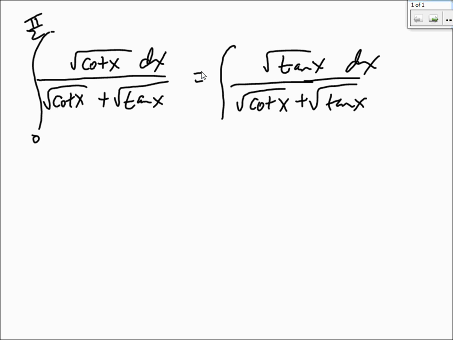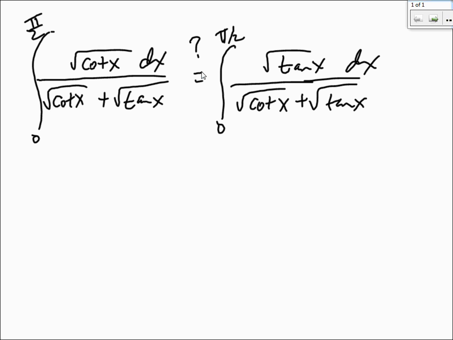Now, when I add those two integrals, they both are still going to go from 0 to pi. When I add those two integrals, what's going to happen is the integrand is just going to be 1.